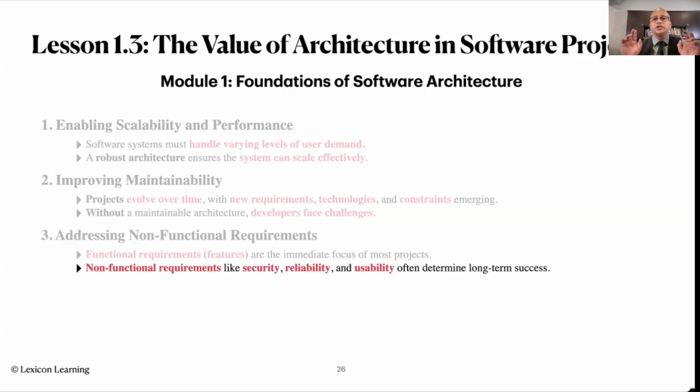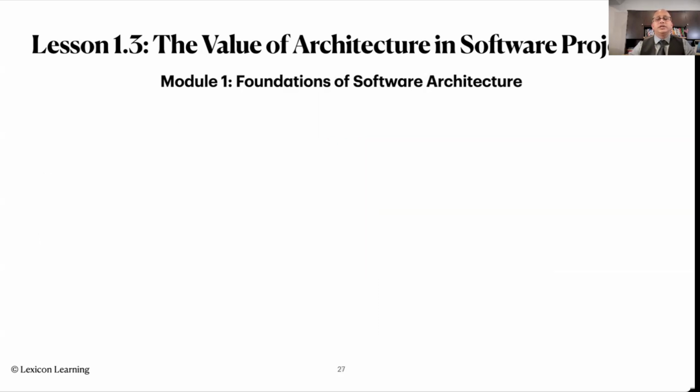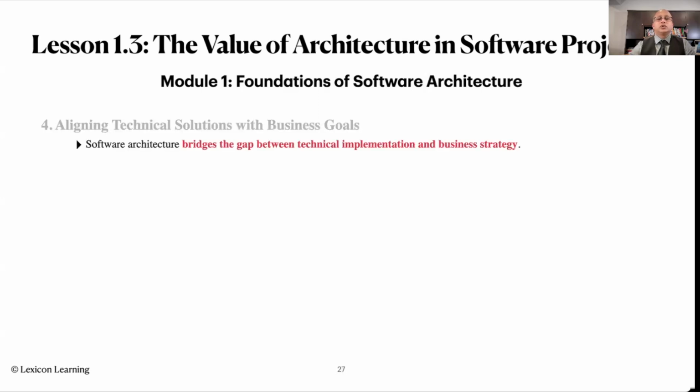Those are not the function of the product, but they are underlying qualities of the software that help build security, reliability, usability, testability, maintainability, performance, available 24/7. And that's how we achieve qualities using architecture of the software. And it also aligns technical solutions with business goals. It bridges gaps between technical implementation and business strategy.